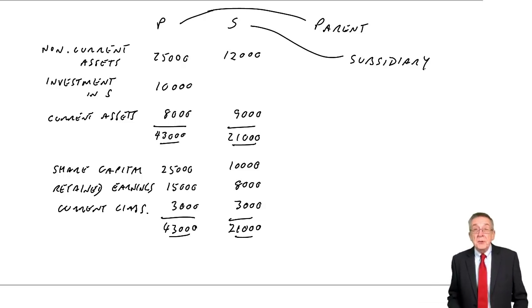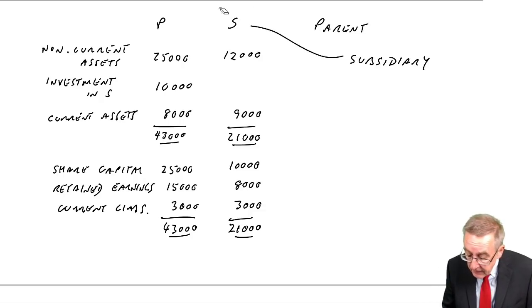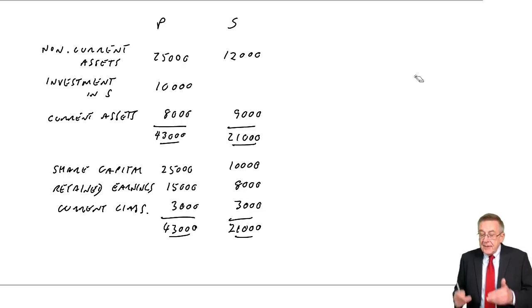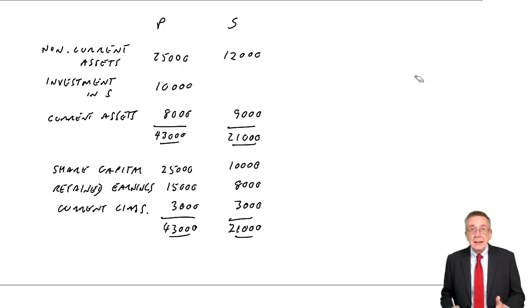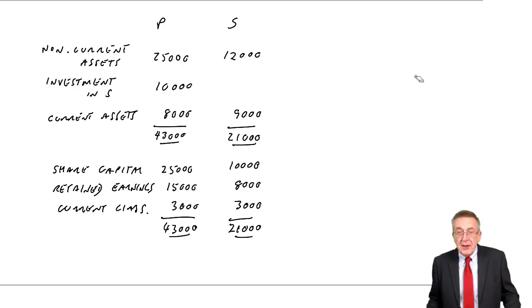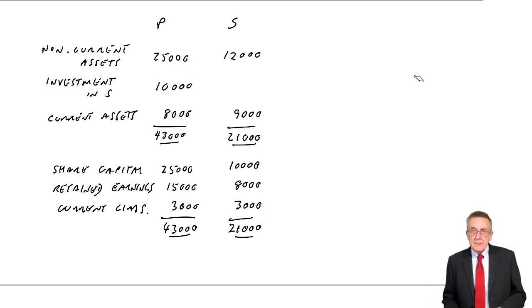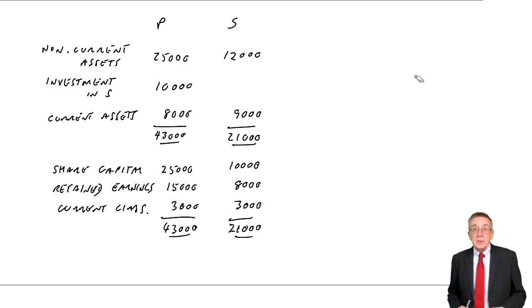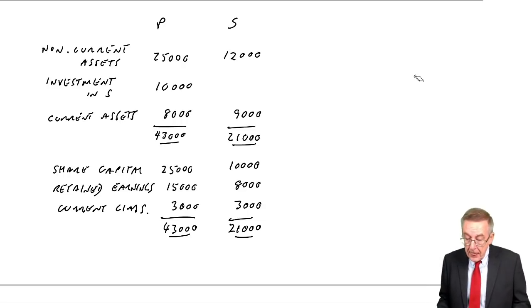Again, we have those two separate companies, two separate statements of financial position. But because P, in this case, owns all of S, effectively the shareholders in P own everything in both companies. And so, as I say, we are required to produce an extra statement of financial position, showing it as though it was just one big company.